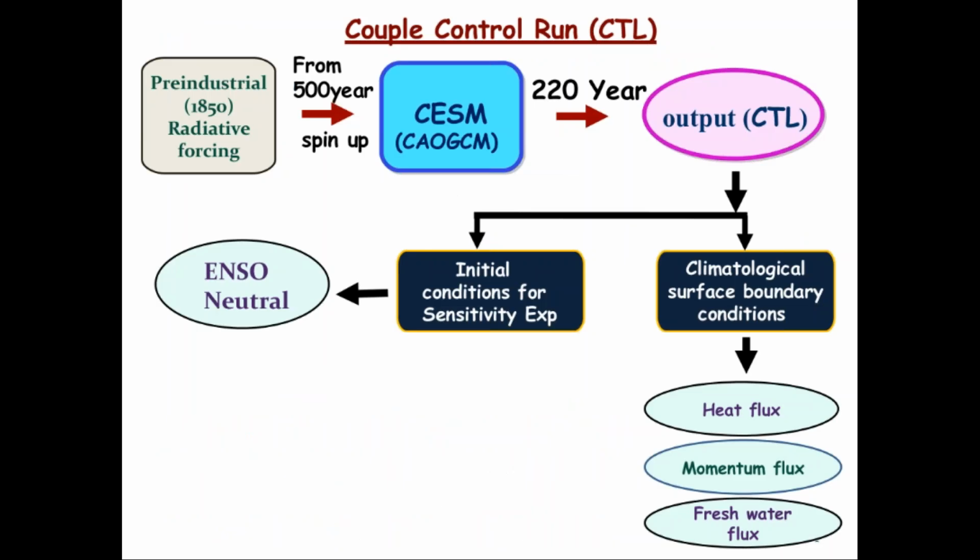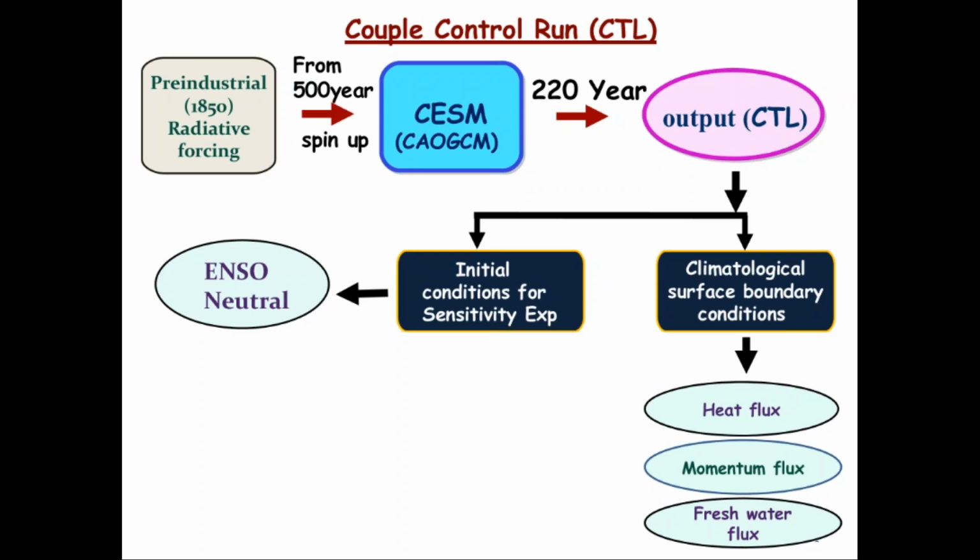So this is the coupled control run. We run the model from a 500 year spin-up, which is available online, with a pre-industrial radiative forcing for 220 years, and we got the output. We will call this output CTL, and this long run is needed for two reasons which are very crucial for our run.